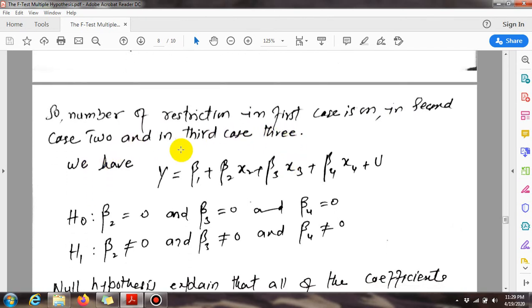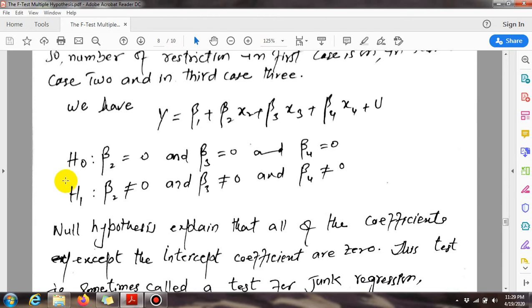So we have a regression line y is equal to beta 1 plus beta 2 x2 plus beta 3 x3 plus beta 4 x4. We have to impose a restriction here. H naught: beta 2 is equal to 0, beta 3 is equal to 0, and beta 4 is equal to 0. The alternative hypothesis for this case is beta 2 is not equal to 0, beta 3 is not equal to 0, and beta 4 is not equal to 0.